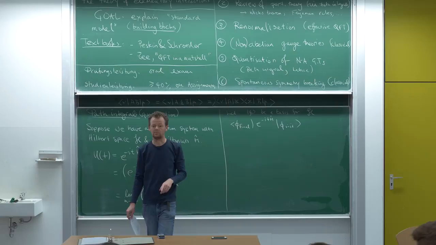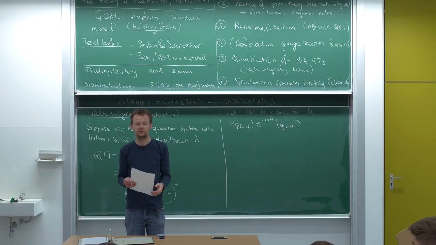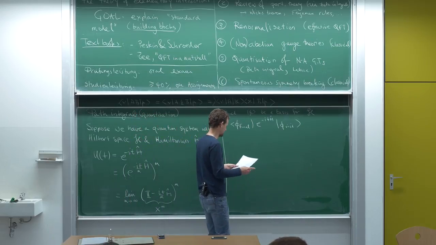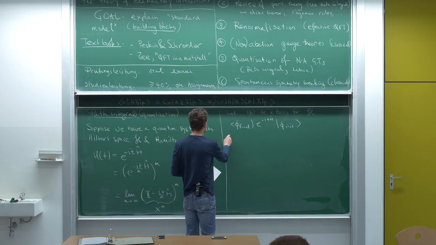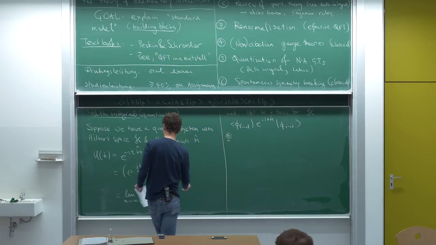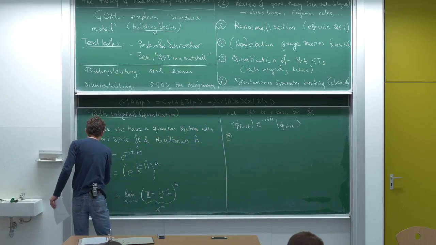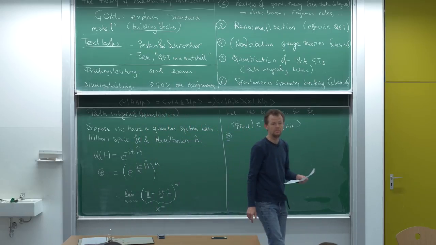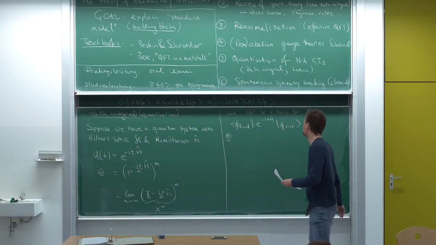And then if you want to know the probability that you made this transition, you just square that amplitude. So far, so nothing. And so now we're going to use equation star, which is this one here, to write this in terms of slightly more familiar objects.